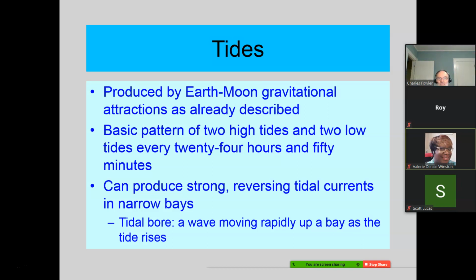So a tidal bore is a wave moving rapidly up a bay or river as the high tide is rising. Not going to go into great detail, but just that mention.